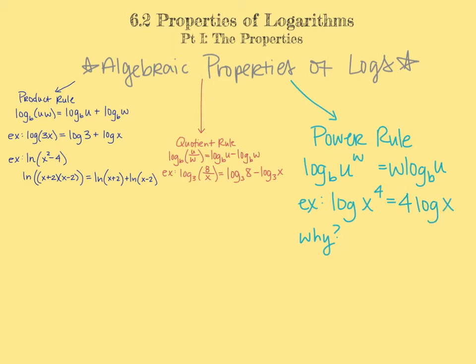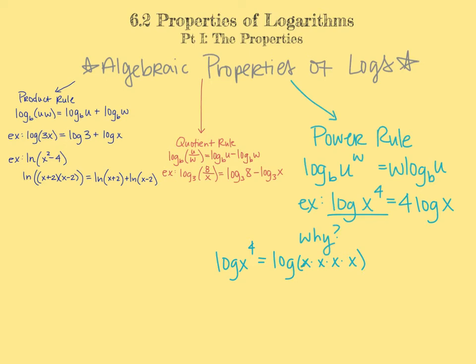Now why does this work? Well, what we can do is write log of x to the 4th, we could really rewrite that as log of x times x times x times x, because that's what x to the 4th is.